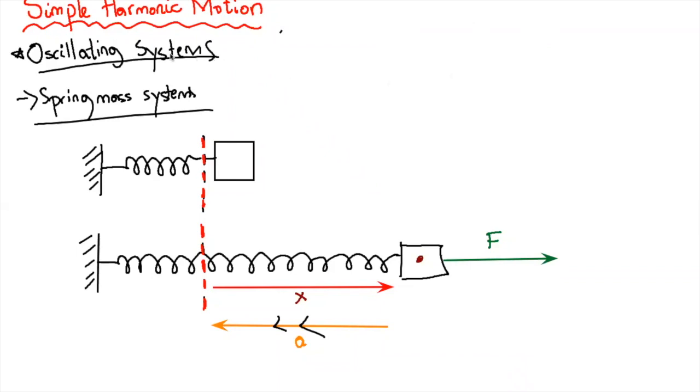Okay, now can anyone remind me, what is the formula of simple harmonic motion? What is the formula of SHM? The basic formula, not this formula, the basic formula. Can anyone tell me? Hey, come on, guys.